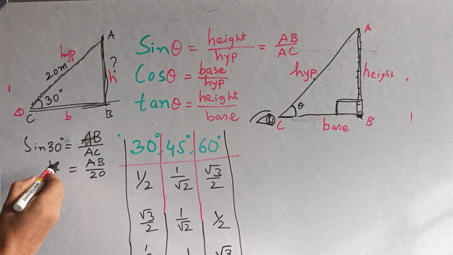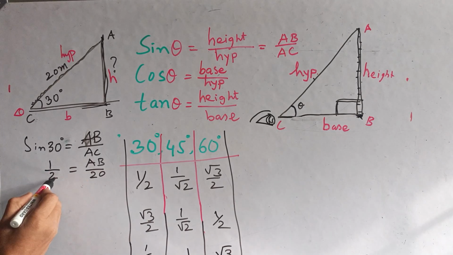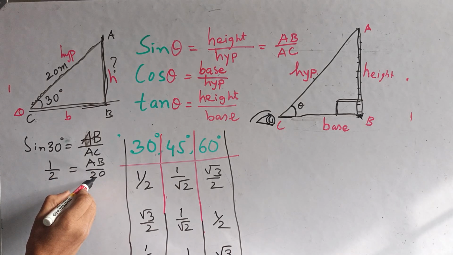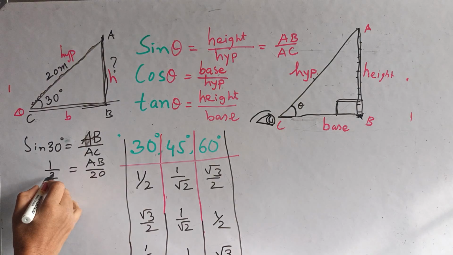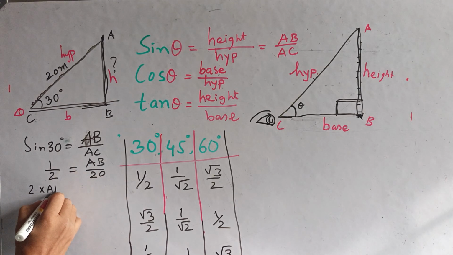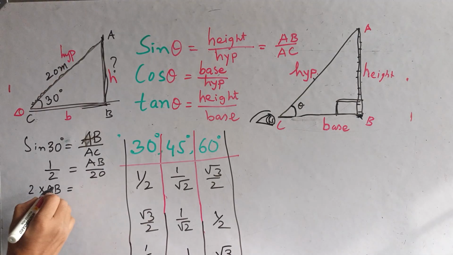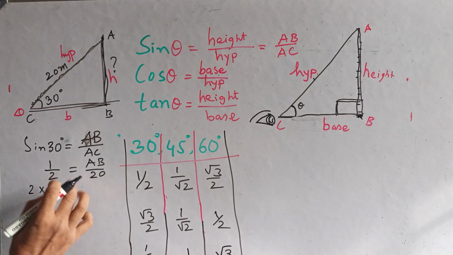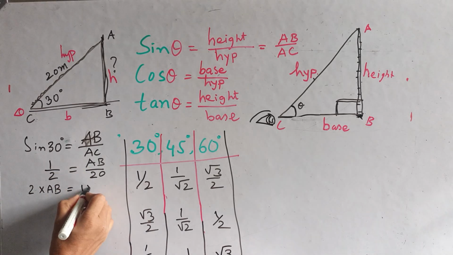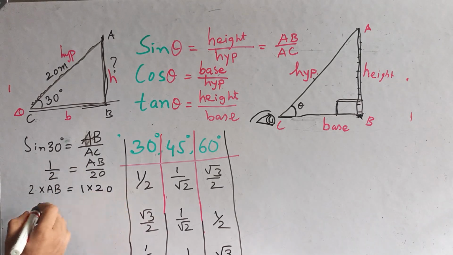Then what you will do? You do the cross multiplication: 2 into AB and 1 into 20. I multiply this one first, 2 into AB, because I want to keep the unknown on my left side. That is why I have taken this one first; you can take any one first. 1 into 20.